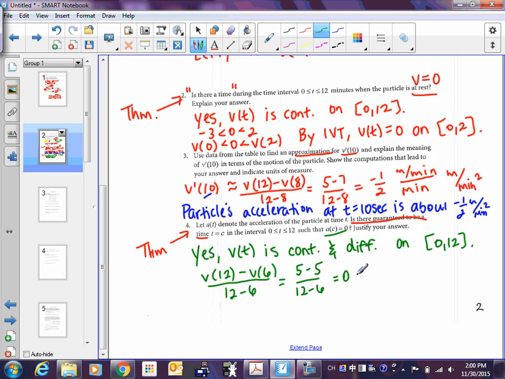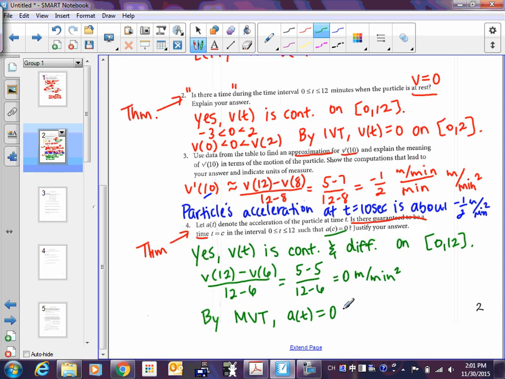The average acceleration is 0. So you don't have to go through and explain that whole thing about the average acceleration equaling the instantaneous acceleration. That's by quoting MVT, you've done that. This is why it's good to know the names of the theorems. By MVT, now we just have to list out what it tells us.